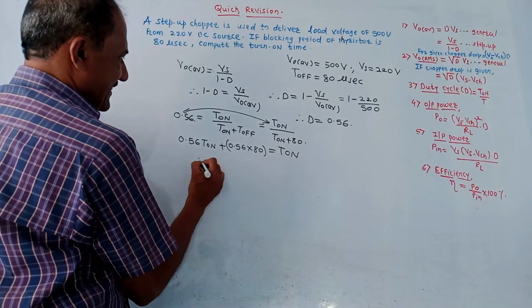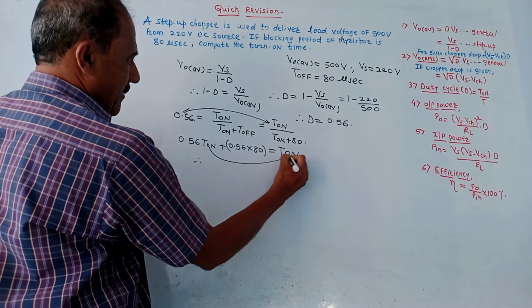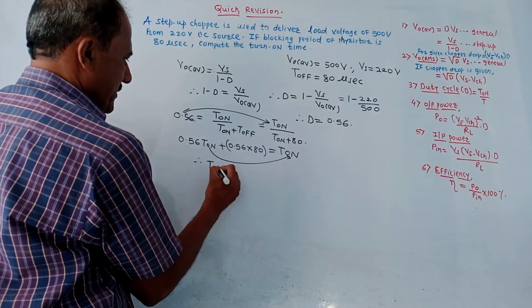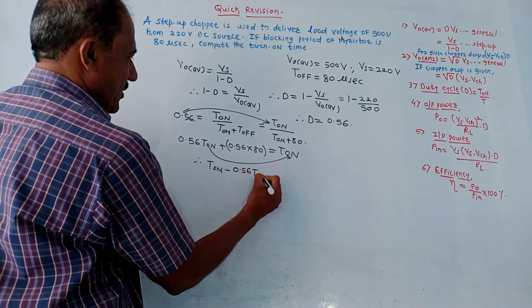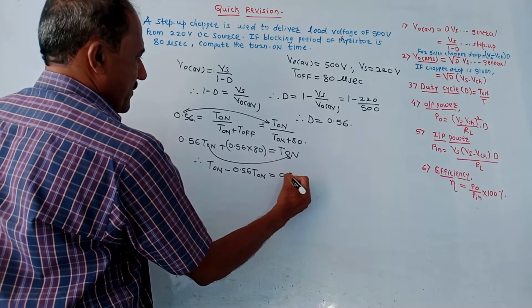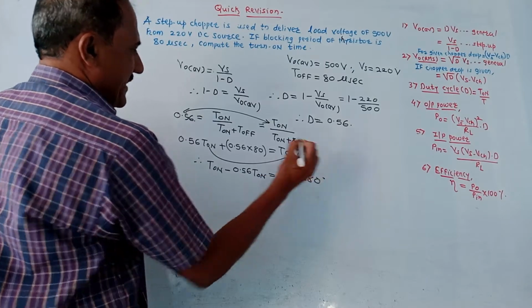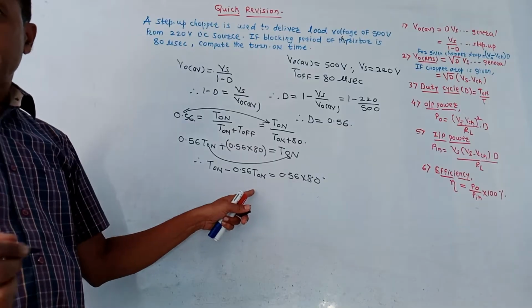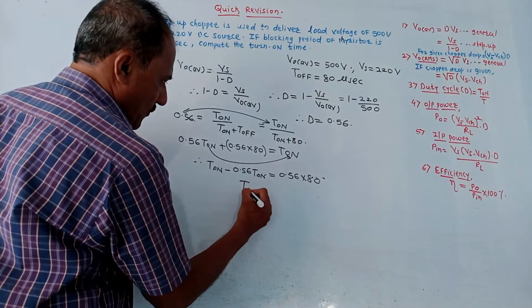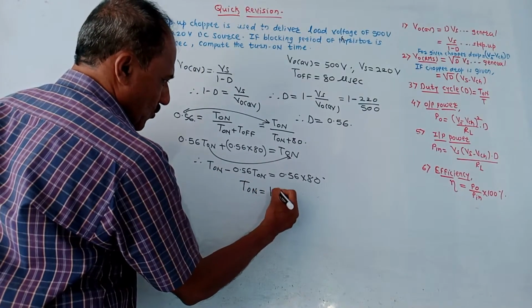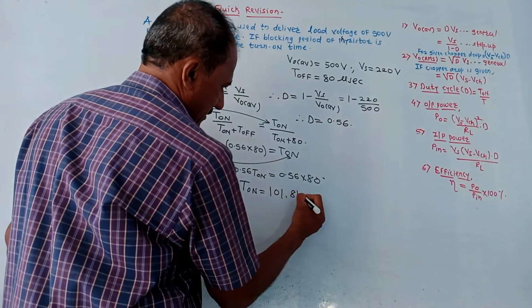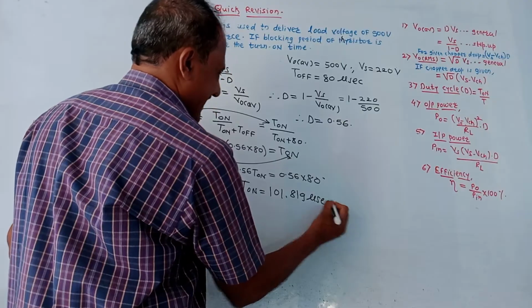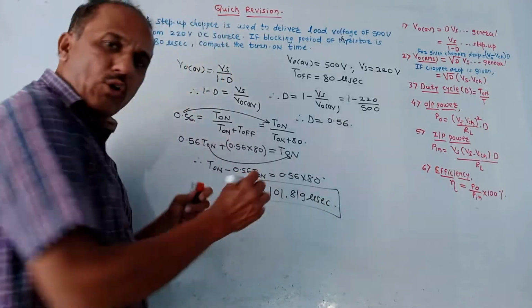So I can write this as, if we transfer this term here, this becomes T on minus 0.56 T on is equal to 0.56 into 80. If you do this calculation on the calculator, you will get the value of T on is equal to 101.819 microseconds. So this is the answer for the on time period.